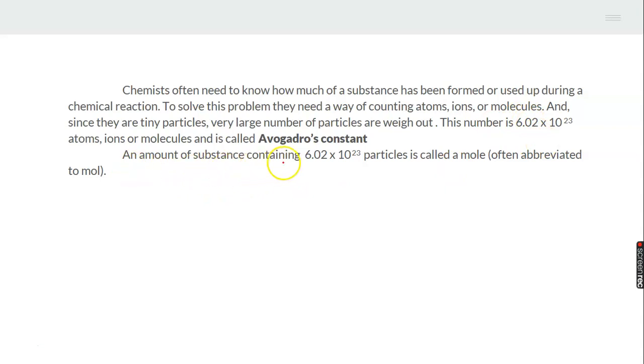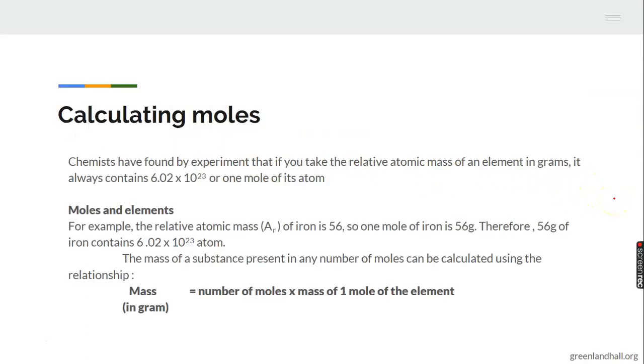An amount of substance containing 6.02 times 10 raised to power 23 particles is called a mole. So for instance, if you have sodium particles, 6.02 times 10 to the 23, that's a mole of sodium. Don't forget.